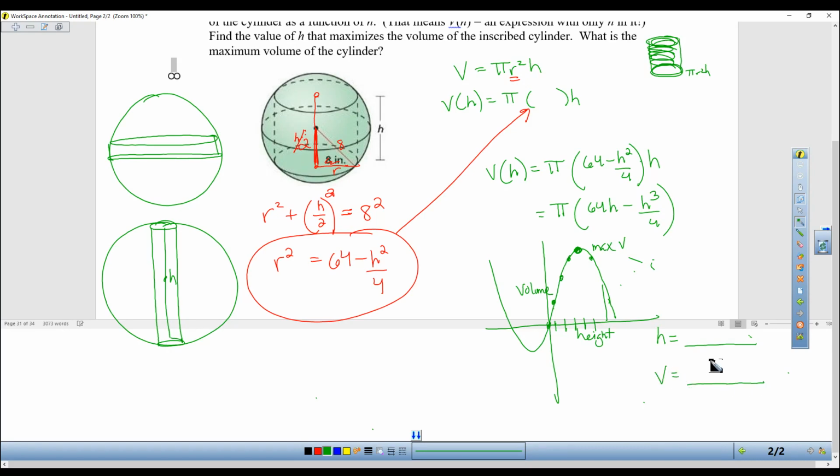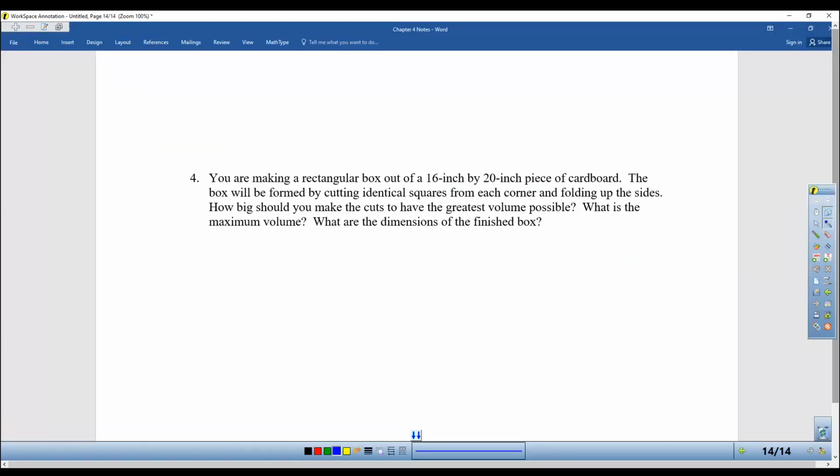That way you can check your work. The maximum volume should come out to be 1,238.22 cubic inches. So if you get that as your y value for your max, then you know you've done it right. But go ahead and fill in that h, and that way when I check your notes, I can make sure that you're not just watching me, but actually typing these in on your calculator on your own and able to find that.